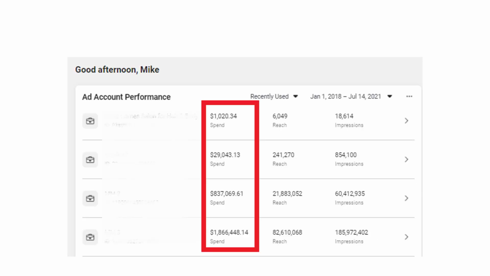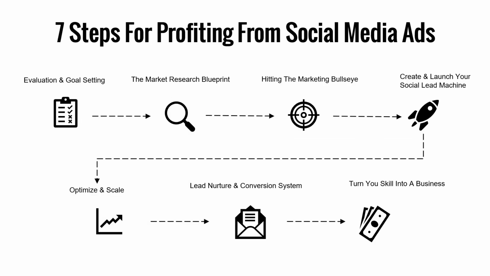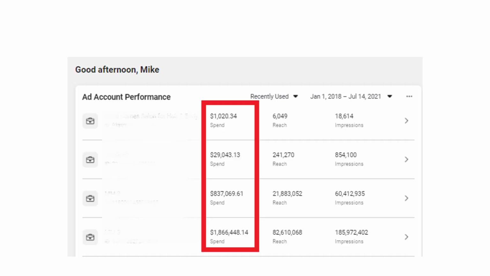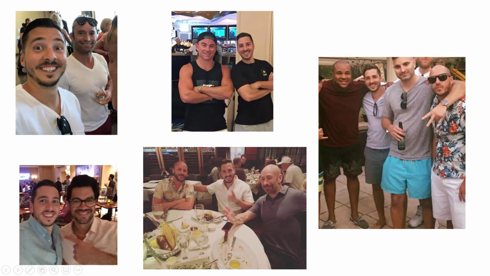So with that said, this system is a combination of me doing Facebook ads and social media ads for 5 years, spending over $2.5 million of my own money and counting, and basically going out, networking, spending money on seminars, and becoming friends with some of the top marketers in the world.